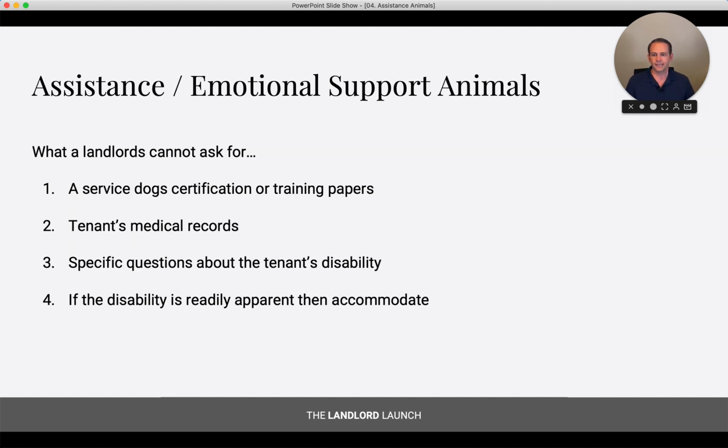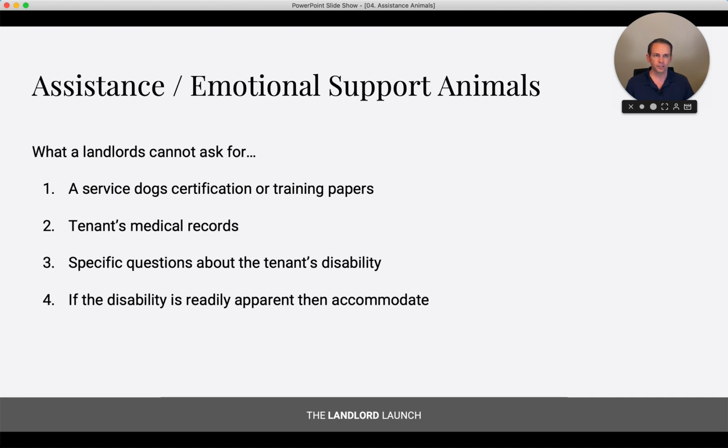Now, some of the things you cannot ask for on service dogs especially is the certification or training papers. You can't dig into that. You cannot ask for a tenant's medical records to prove that they have that condition that they're dealing with. Again, we're talking medical records. You cannot ask specific questions about the tenant's disability, like, how long have you had this?